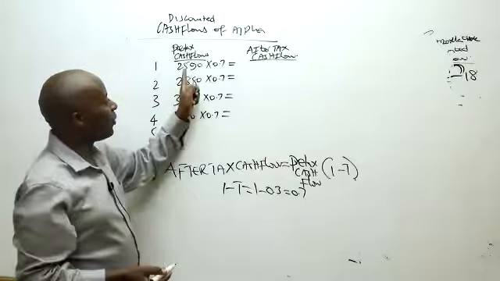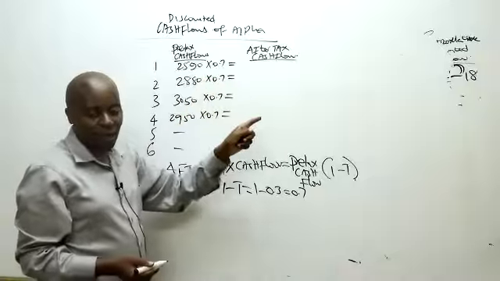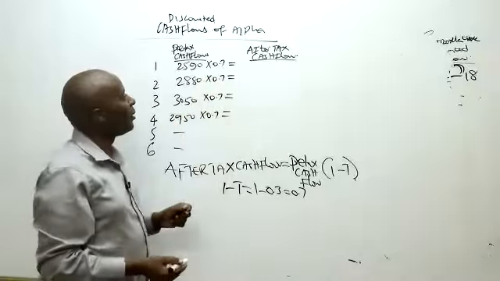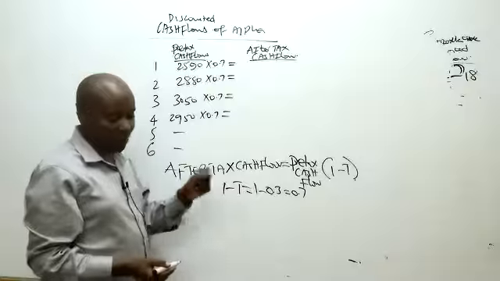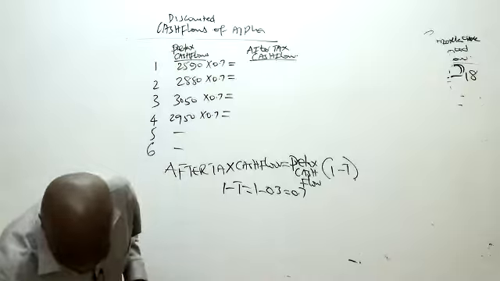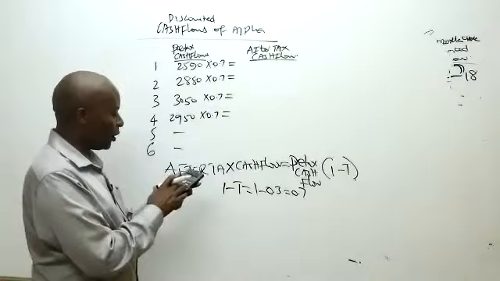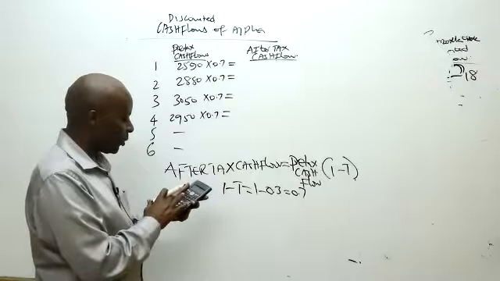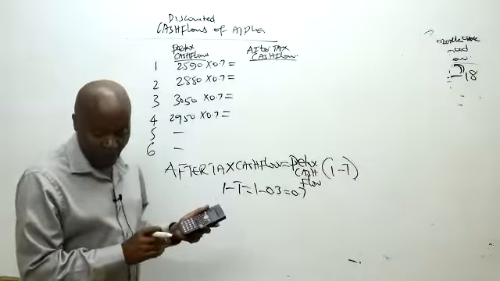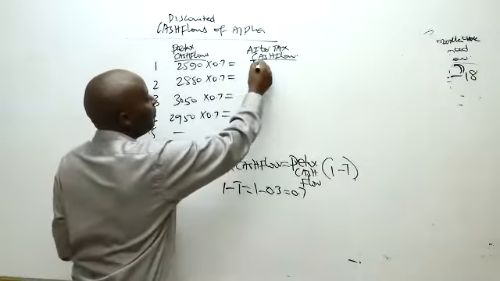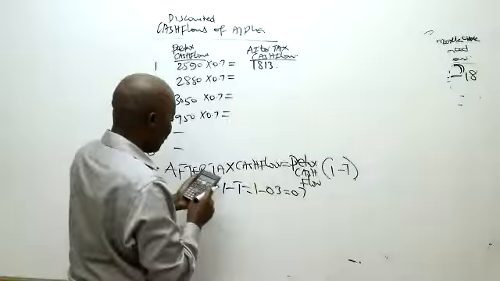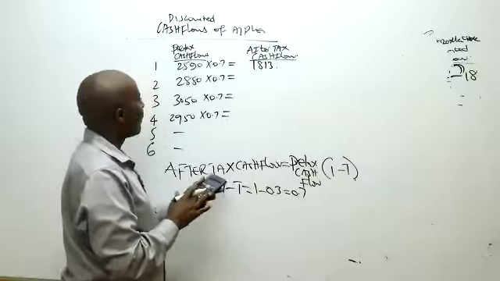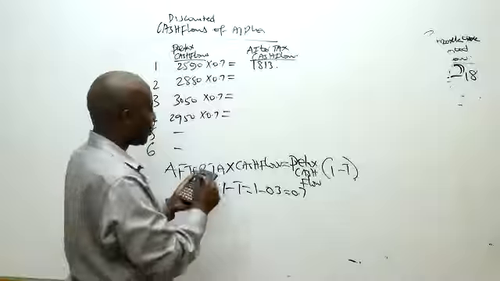So you take 2590 times 0.7 and give us a figure. We write here 2590 times 0.7, giving us 1813. From there we have 2880 times 0.7, giving us 2016.